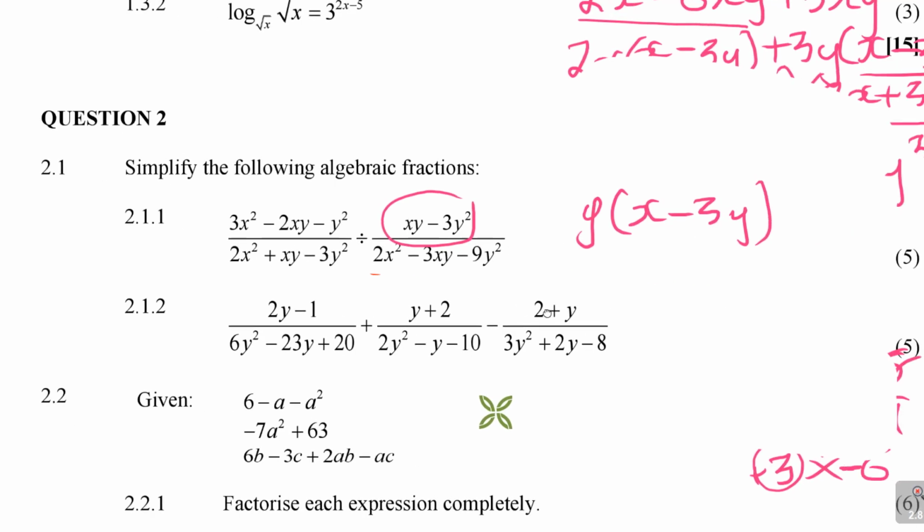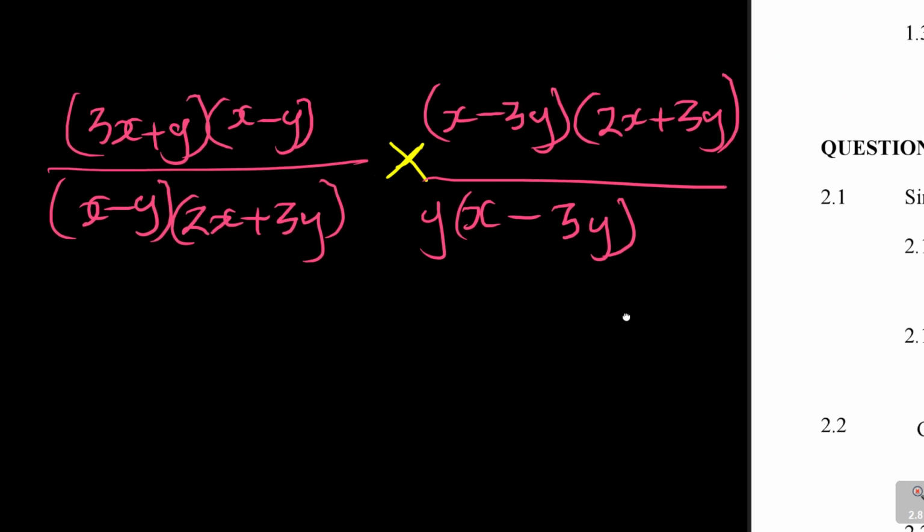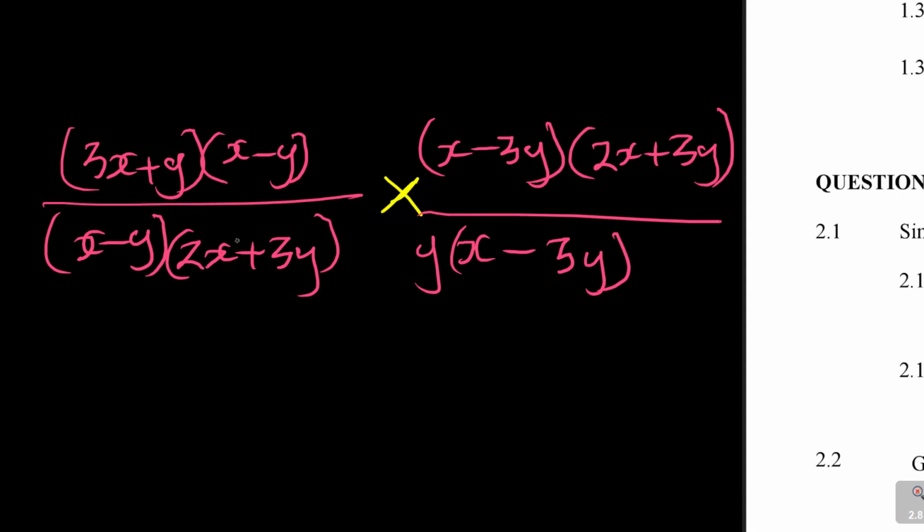So that becomes that. And then it's a matter of, that's what they'll be looking for. This 5 marks, this 4 marks is all here, because they're trying to give you marks for this one here. Did you factorize this well? Which can be 1, it can be 2, it can be 3, it can be 4. You see what they're doing? Did you factorize? Then the final mark is you giving us the final answer. That is you cancelling well.